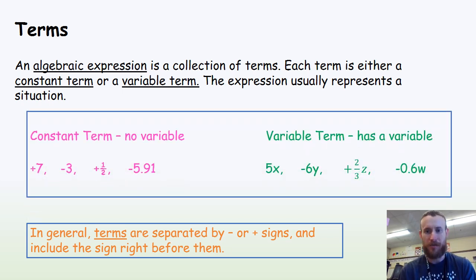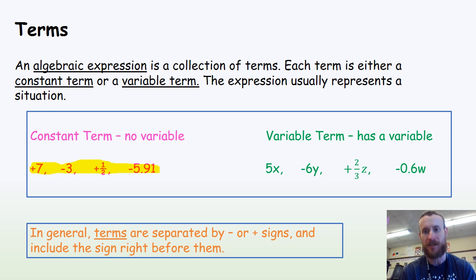Some constant terms, right? These are going to just be no variable. If you look at all of these terms, they don't have a variable at all. And variable terms just have letters in them. So again, a variable is a letter that represents some number that may or may not be known.